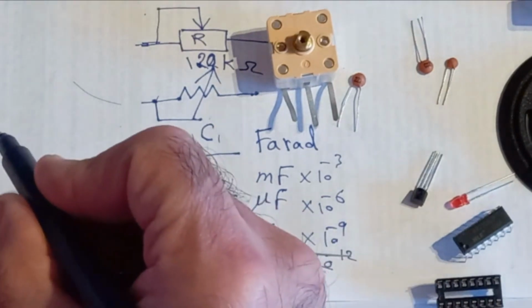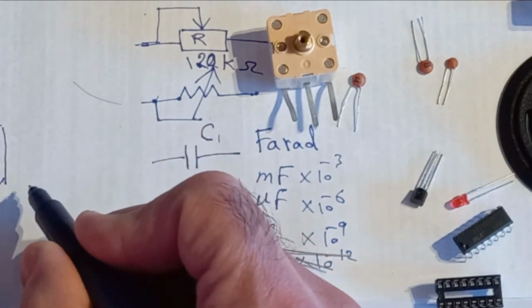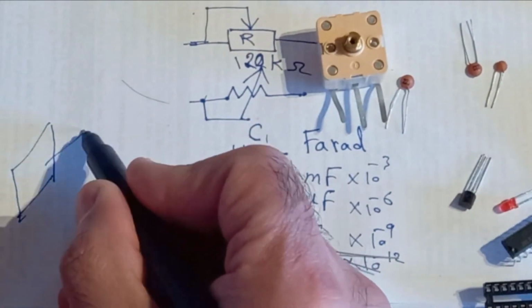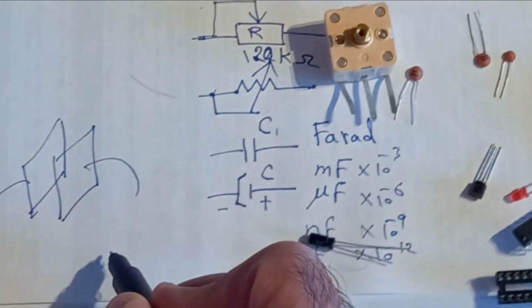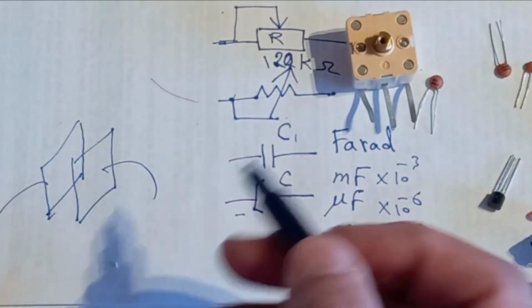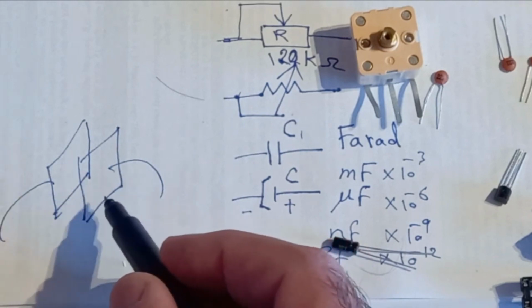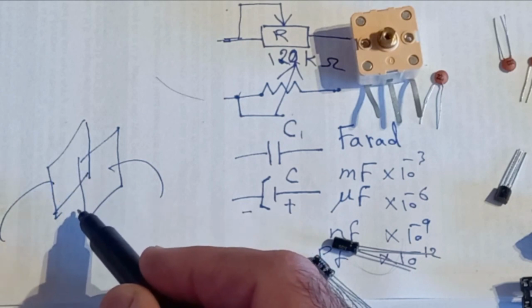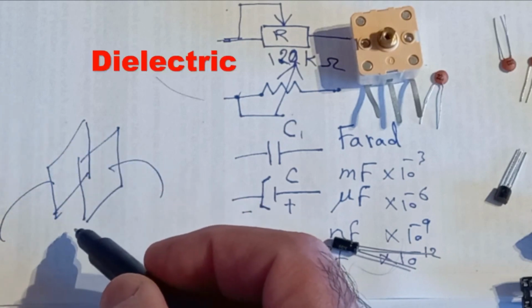Inside the capacitor, you have 2 plates, 2 conductive plates that are in front of each other, and each is connected to their own pin. Whether they're electrolytic or non-polarized, they all have 2 plates in front of each other and an insulator in between, which is called dielectric.